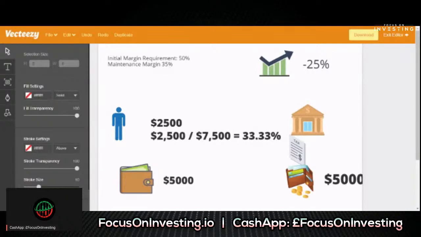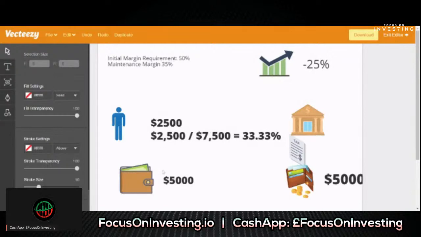Or if he can't pay the money or doesn't put the money in, what the broker will do again is sell the asset and therefore take their percentage out of the trade, right? So this is what we saw with this. They will remove their 5,000, and this is how you end up with the 2,500, right?